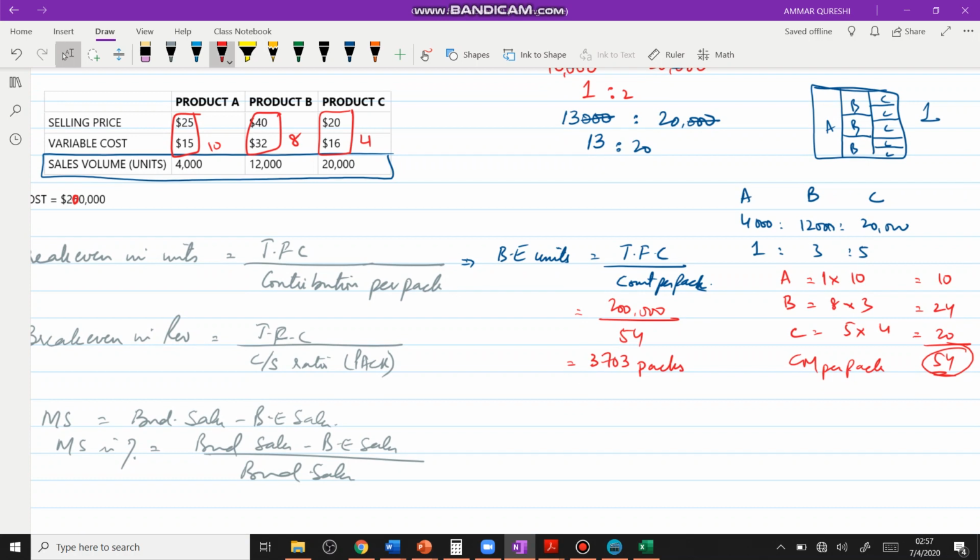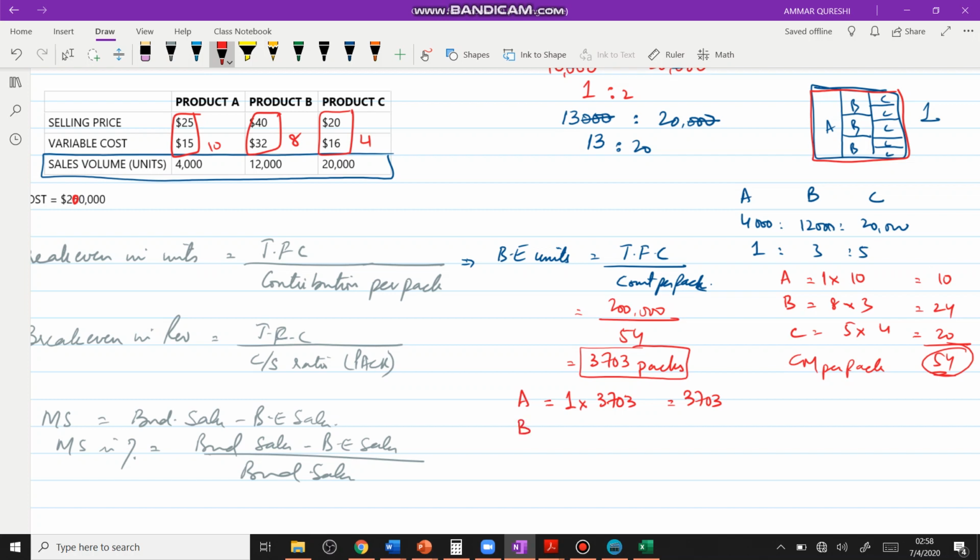See, we have to sell 3703 of this type of packets. So when you open the packet, how many units of A will you find in that packet? 1 multiplied by 3703, 3703.